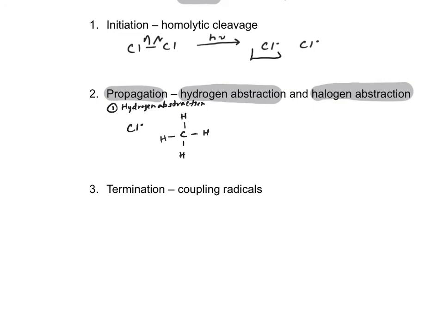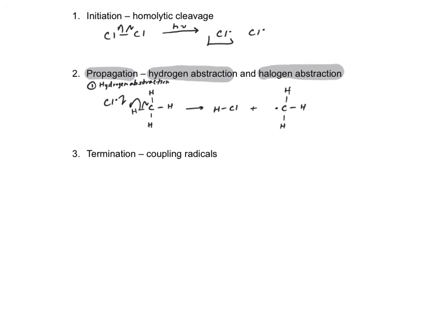And that chlorine radical is going to abstract a hydrogen from that methane. Okay, so in that hydrogen abstraction, we've got the radical making half of the bond, the other half of the bond coming from the carbon-hydrogen bond, and then that other electron is going to be left behind on the carbon. Right, so the product of this first step is going to be H to Cl, and we're also going to get the production of our methyl radical here. Right, so that's step number 1.